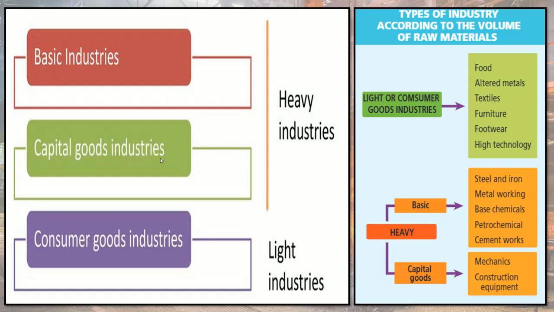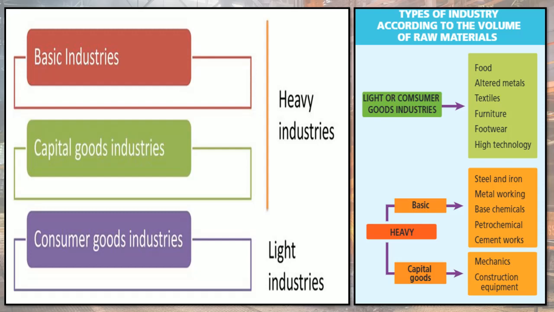And later we have capital goods industries. These industries make the second changes in order to prepare the products that supply tools to companies. So these capital goods industries create all these products that are machinery, equipment, electronics, or even information technology that will be later used by the rest of the industries to produce the final products, which are made by the consumer good industries.